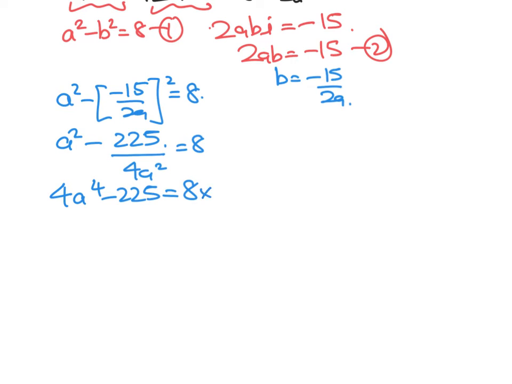Equals 8 times 4a square. Now expand this: 4a to the power of 4 minus 32a square minus 225 equals 0. Looks like we can do it as a quadratic equation, although it is to the power of 4. Use your calculator to find the fractions.